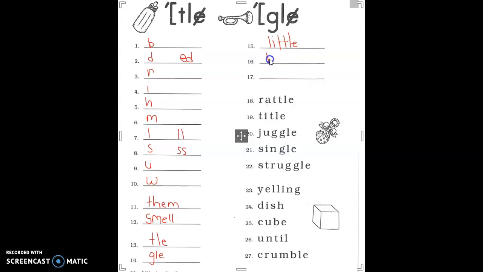B-A-T-L. Bottle. Number 17, bugle. Bugle.